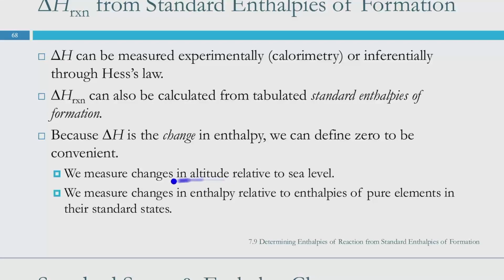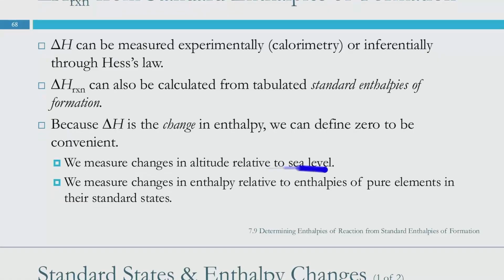For changes in altitude, we measure relative to sea level, generally. So like our altitude is measured reference sea level. We're like 400 feet above sea level. It's convenient because there's sea level not everywhere, but lots of places all over the world, and so it's relatively easy to measure relative to sea level.